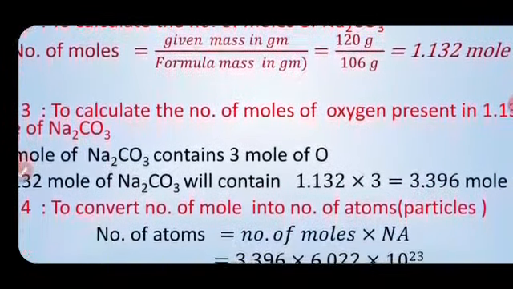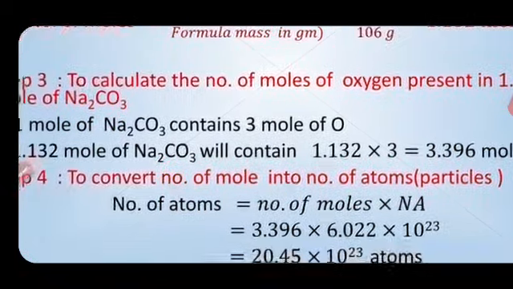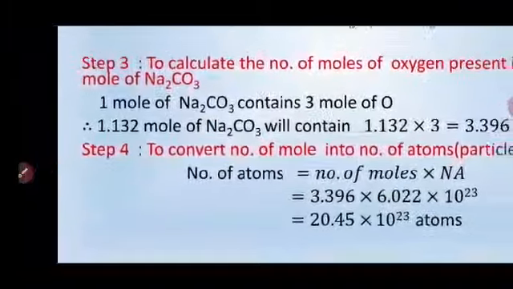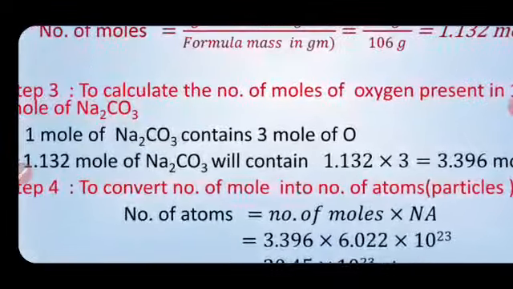Now in these 1.132 moles, how many oxygen moles are there? That we have to find out in the third step: the number of moles of oxygen present in 1.132 mole of Na2CO3.